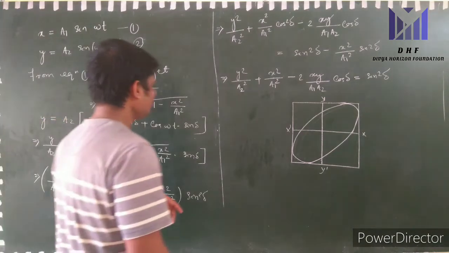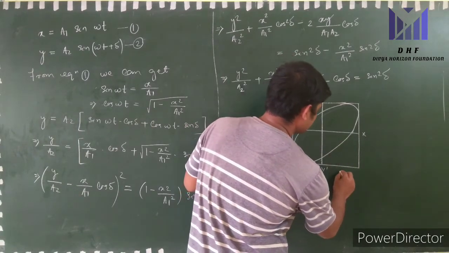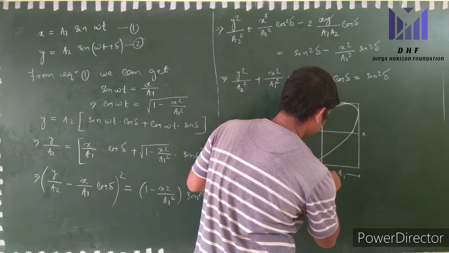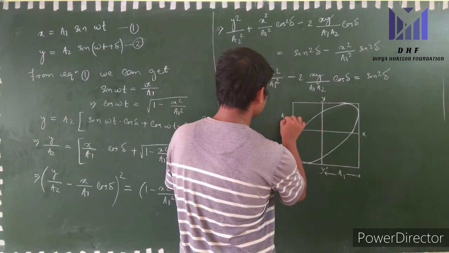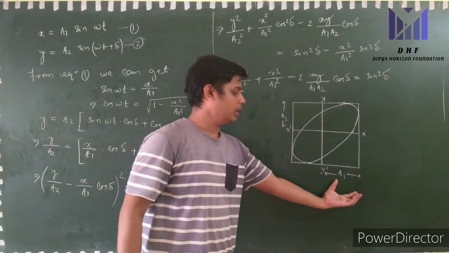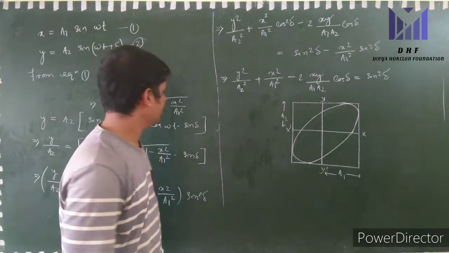So this distance is a1 and this distance is a2. This is the maximum value of x and this is the maximum value of y.